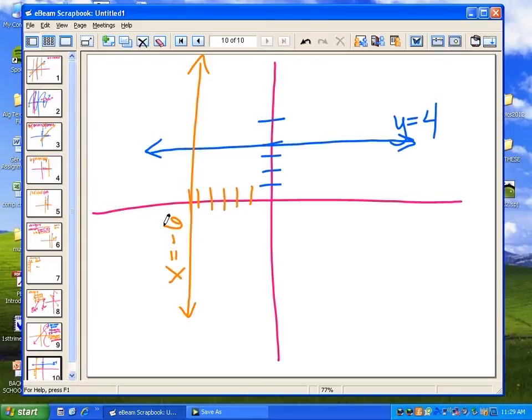Now, one of the things that we're getting to is that given any two lines, they intersect at what? Where do they intersect? In this case, in the negative quadrant. Okay, so they're intersecting in quadrant 2. What do they form when they intersect?